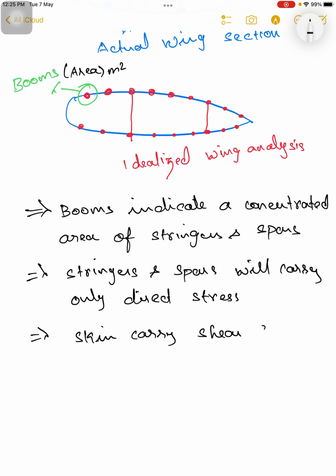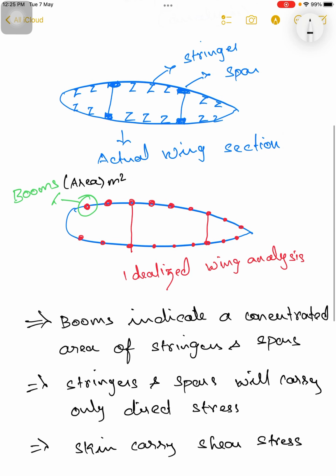Although the skin carries some direct stress, we are not considering it in our assumption. So we assume that the skin carries shear stress and the stringers and spars carry direct stress. And also the booms indicate the concentrated area of the stringers and spars.